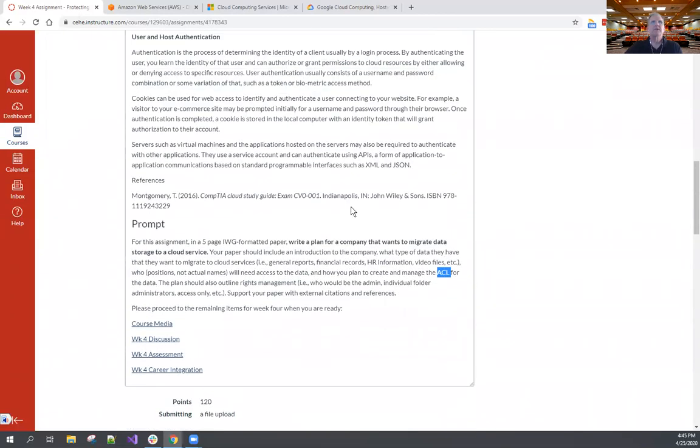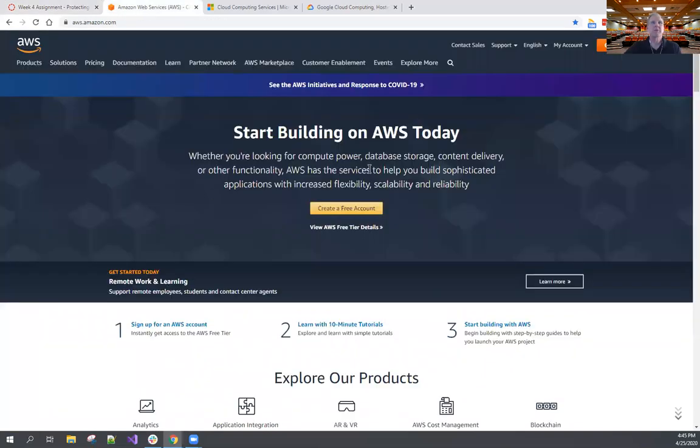So step number one is let's work with Amazon Web Services. Here we have to figure out how Amazon stores data.